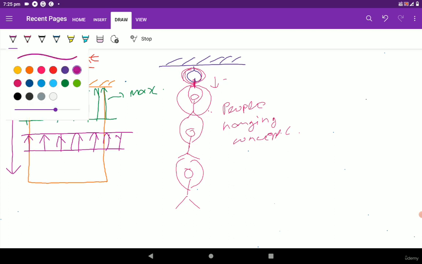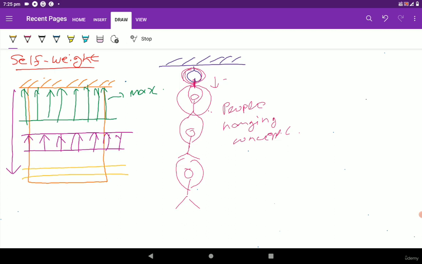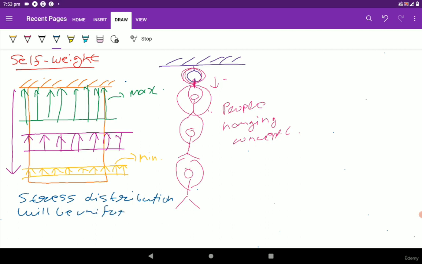Here it will be the minimum stress. So we can see that the stress distribution will be uniform but the stress intensity varies.